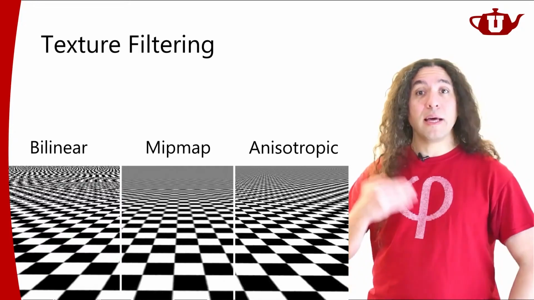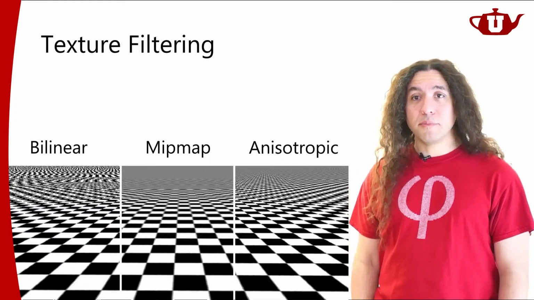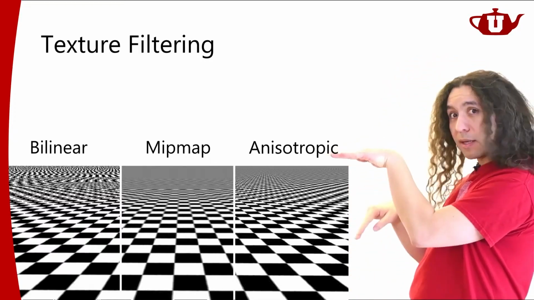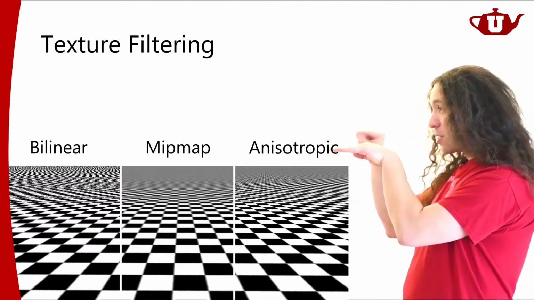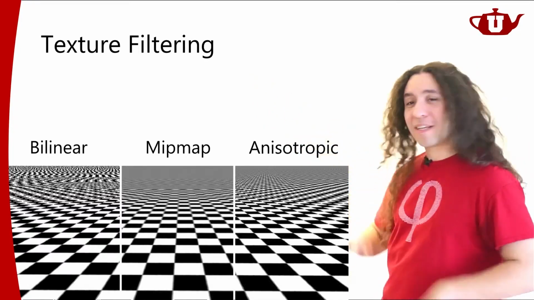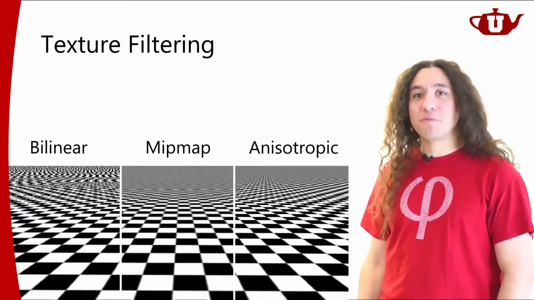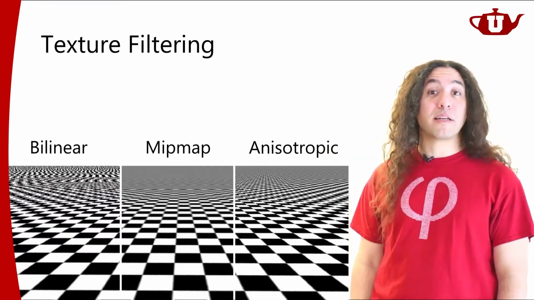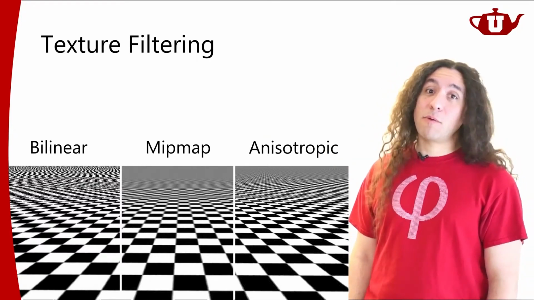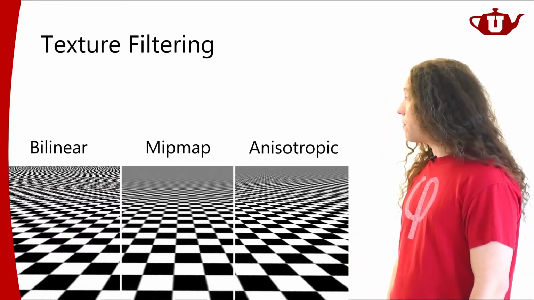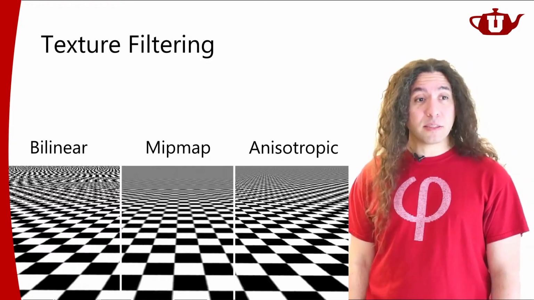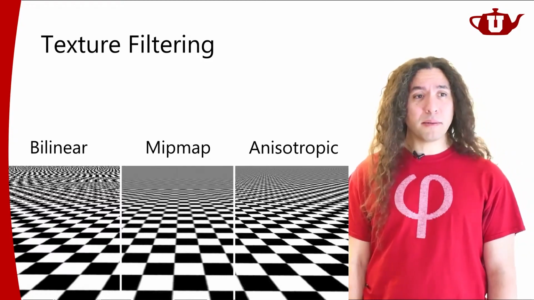You can specify the maximum number, because if you're really looking at a surface from a grazing angle like this, each pixel may correspond to a very long line segment in the texture space, and that may require quite a lot of trilinear filtering operations to properly do anisotropic filtering. And you may not want that because that will be too expensive, so you can specify the maximum number. Of course, GPUs will have a limit to what that number can be.